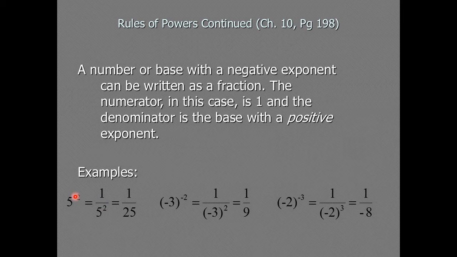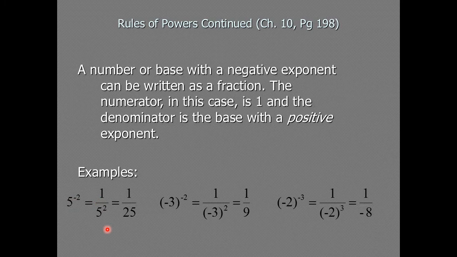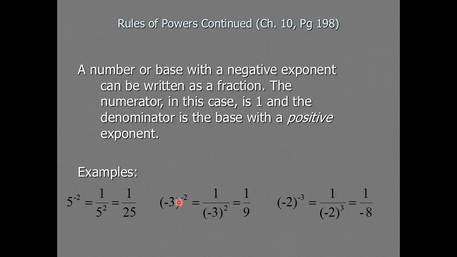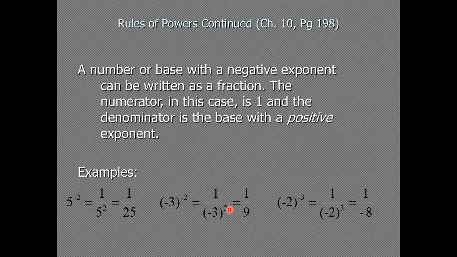For an example, this is 5 to the power -2. That actually means 1 over 5 to the power +2. And then we know the rest, right? So anytime the power is negative, we do 1 over the same thing with the power positive. So be careful.